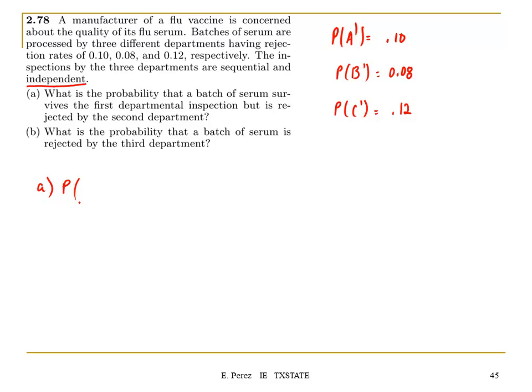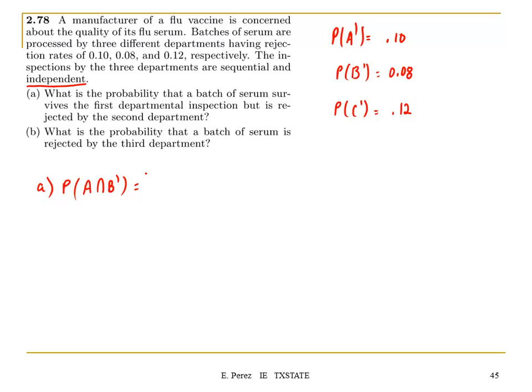It will be different if the question said, given that it was rejected by this department. Would it be the intersection of A and complement? Correct. So we are looking at the intersection of these two events, and it will be A intersection B complement. So we are trying to see what is the probability of those two events happening. And that's the intersection of the events.